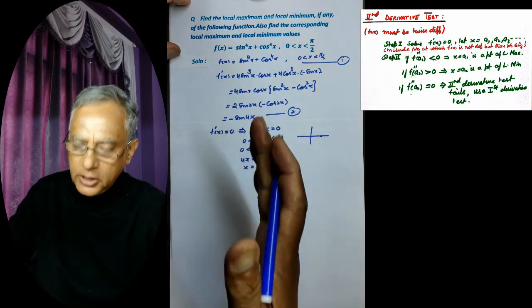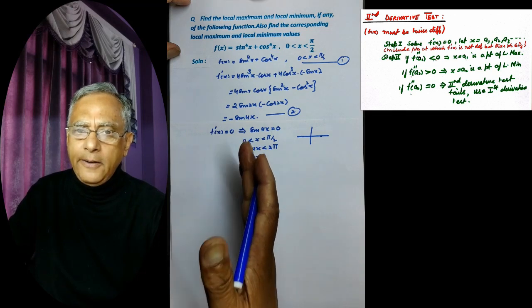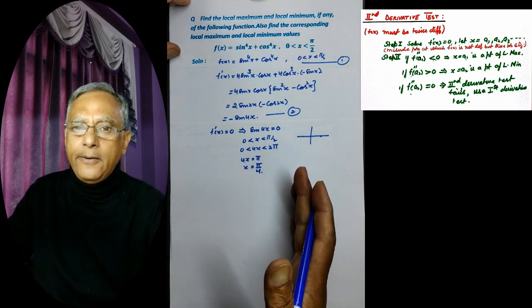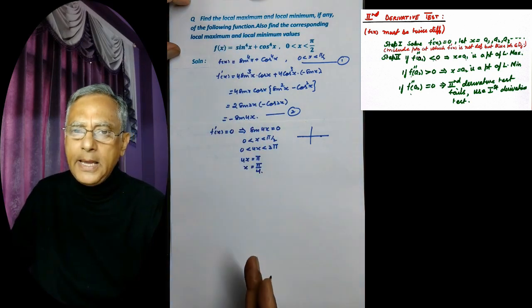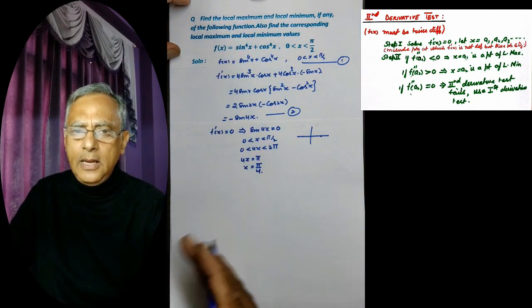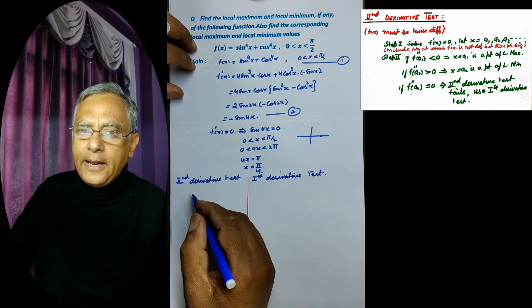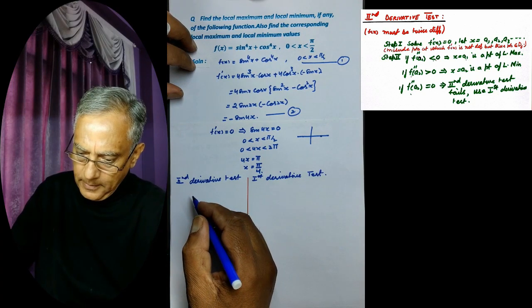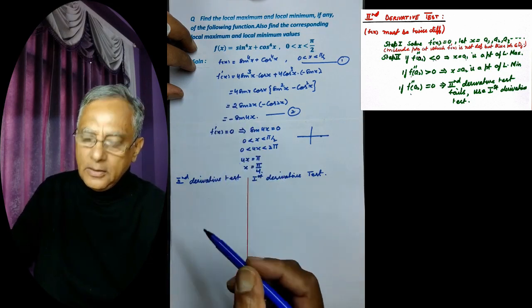Now I will solve this question using both the first derivative test and the second derivative test, so that you can develop a clear-cut understanding of in which situation you have to use which test. First I use the second derivative test. We find the second derivative of this function.